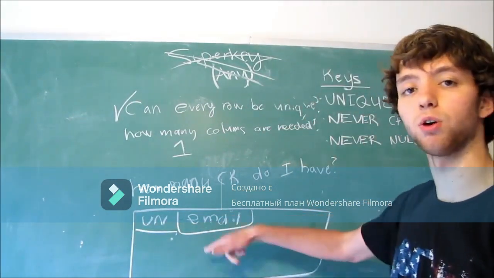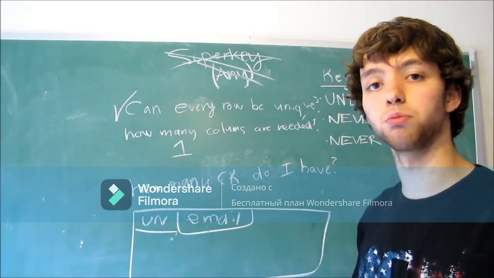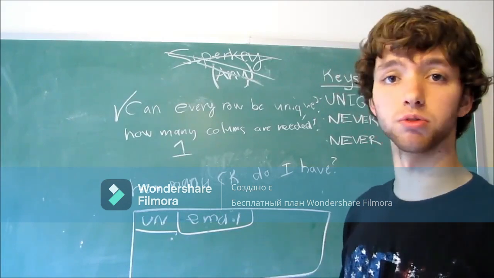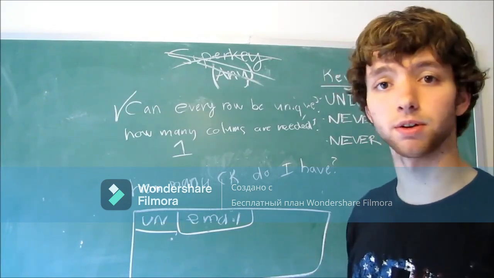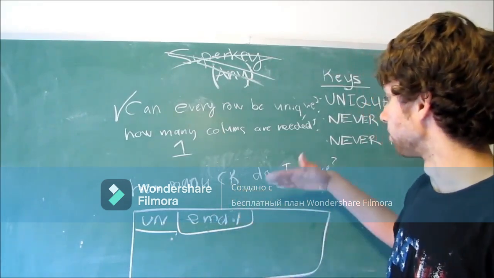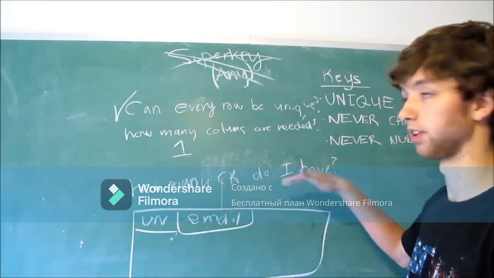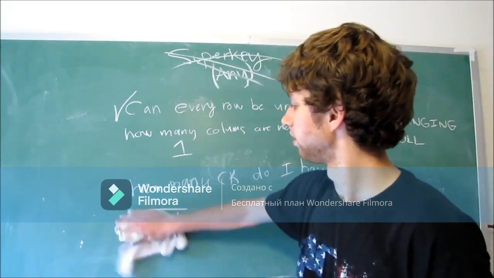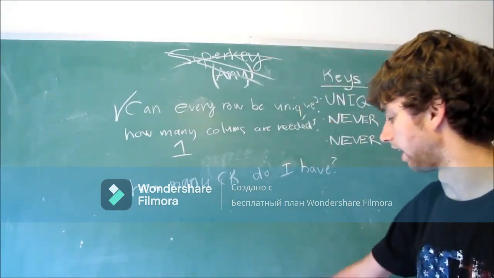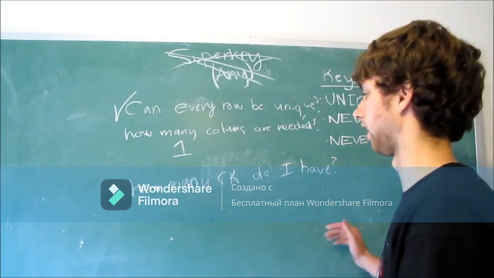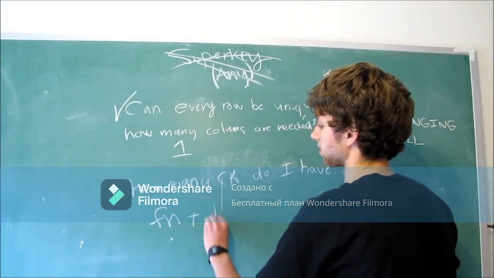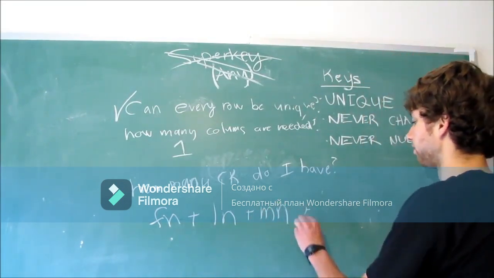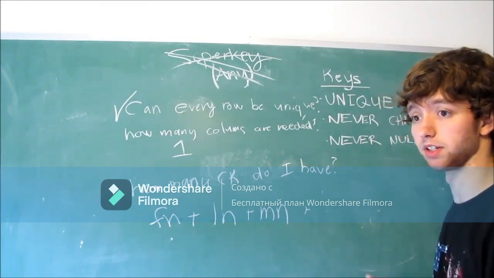Well, email could also work as a candidate key because you could put a requirement that every account has a unique email. Some websites are cool with people using the same email more than once. Some websites aren't. Usually they're not. So there might be a chance where we have more than one candidate key. Or if rather than using the username, you want to use something else, let's say you can use your email more than once, we could have first name plus last name plus middle name, or middle initial. So that eliminates most possibilities of duplication.